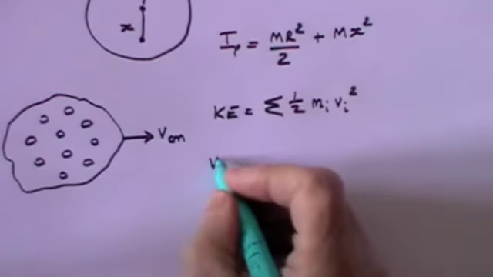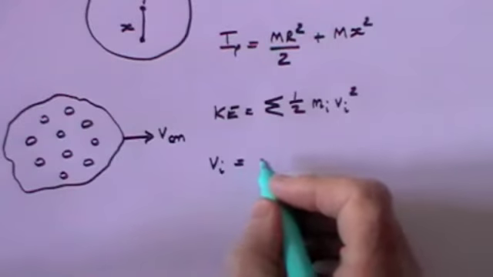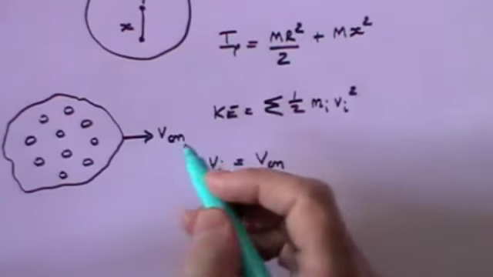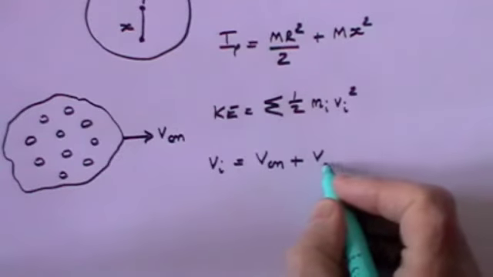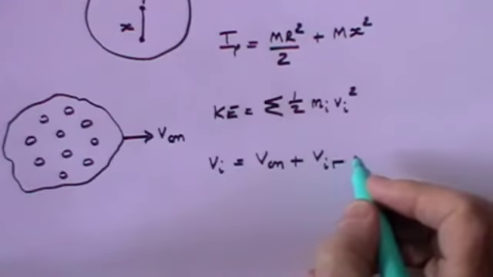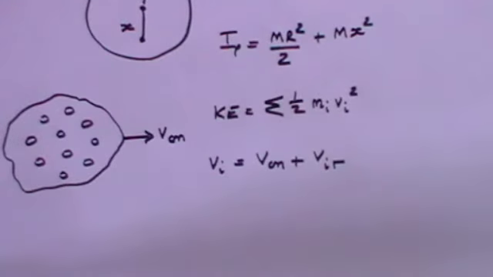But we can say that vi in each case is the velocity of the centre of mass plus the velocity of the ith particle relative to the centre of mass. So in other words, I'm saying that the velocity of a particle is equal to the velocity of the centre of mass plus the velocity of that particle relative to the centre of mass.